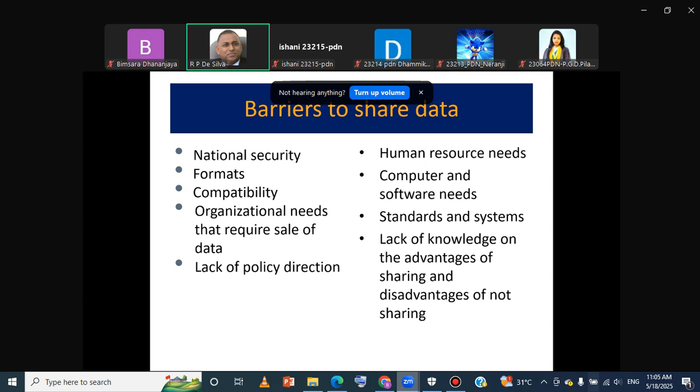It is the responsibility of the government to get involved immediately and produce the policy directives before a problem becomes a crisis.